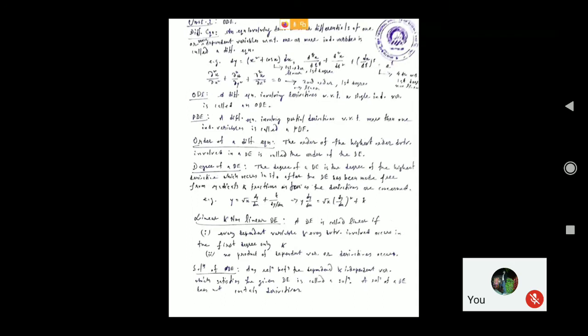That's why first you need to identify which is the dependent variable, which is independent, and whether it's linear or non-linear. A solution means any relation between the dependent and independent variable which satisfies the differential equation.